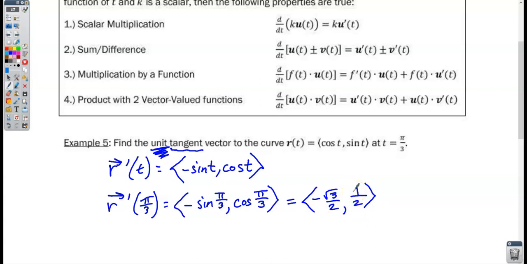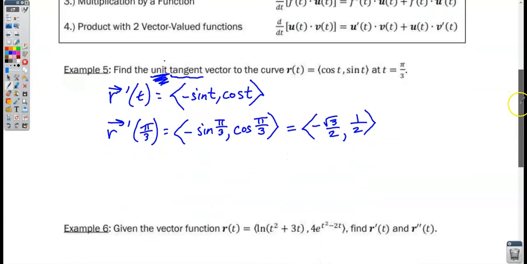That may not necessarily be the case. If I find a tangent vector and I want a unit tangent vector, all I need to do is take that tangent vector and divide it by its magnitude, and that'll give me a unit tangent vector in the same direction as my original tangent vector. Just a little extra piece to think about there.